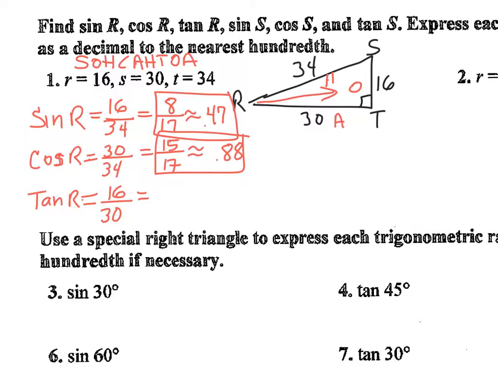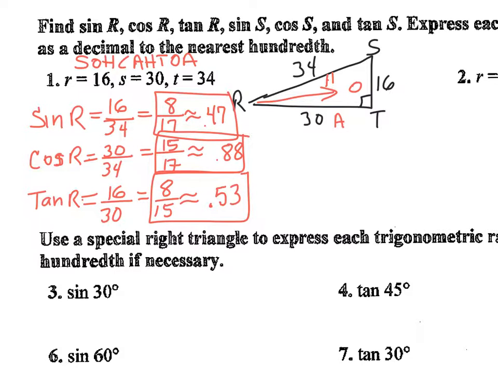When you reduce it, what did you get? 8 over 15, and the decimal is 0.53. That's right. So that's from the angle R.